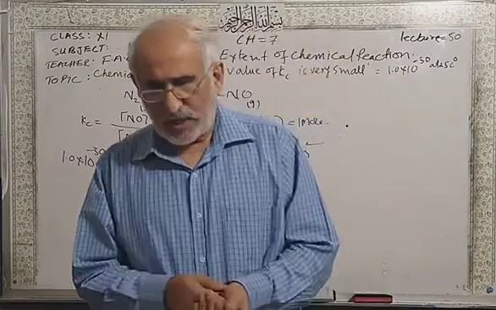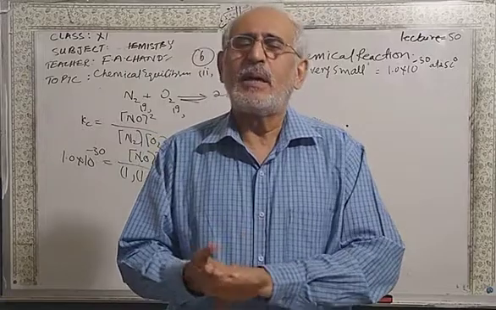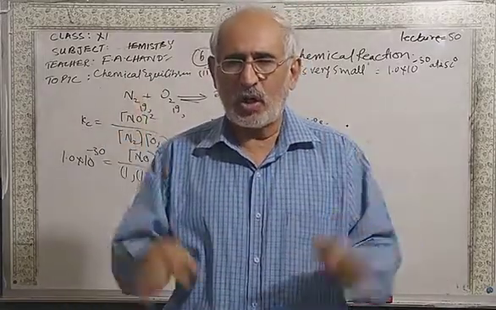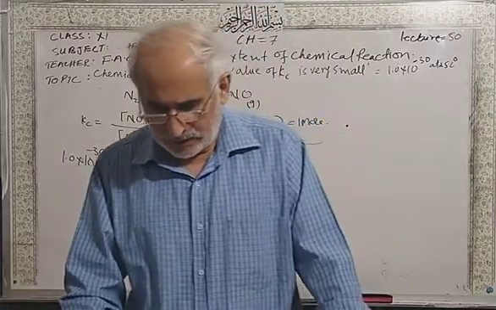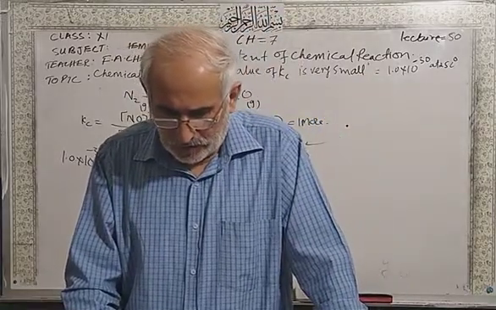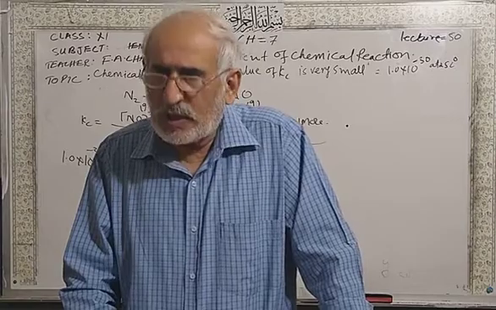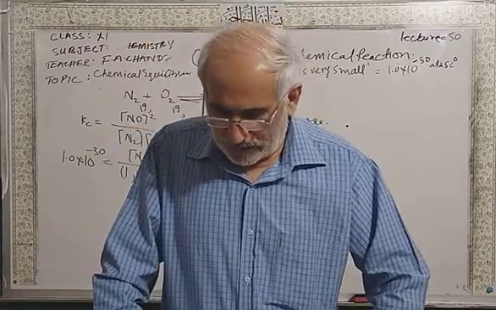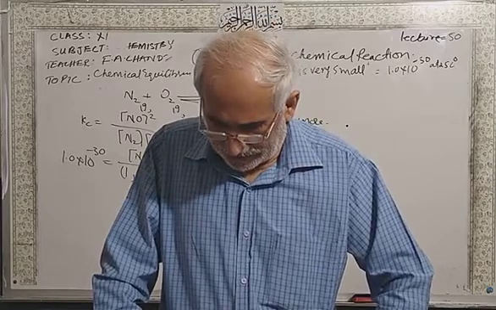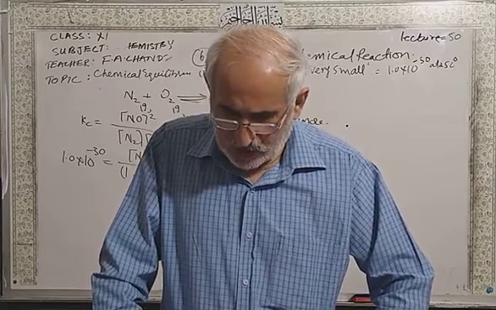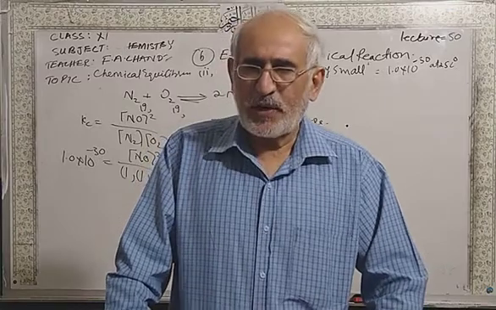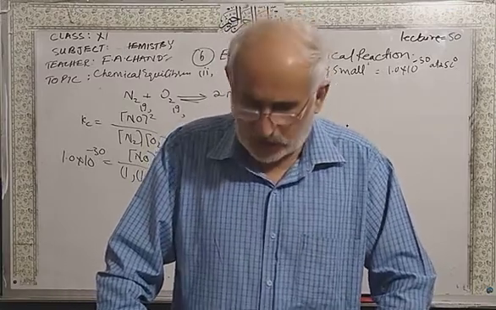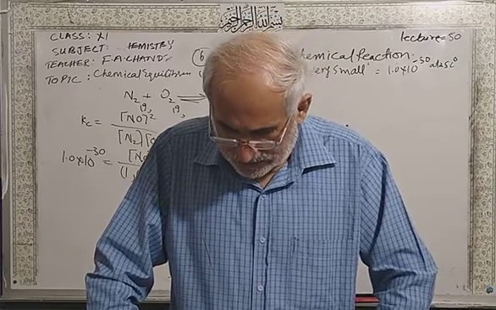Number three, students, is when the Kc is neither very small nor very large, meaning intermediate. Suppose the value of Kc is 0.36 at 25 degrees centigrade, for dinitrogen tetroxide and 2 moles of nitrogen dioxide. Kc is equal to concentration of nitrogen dioxide squared divided by concentration of dinitrogen tetroxide, 0.36.